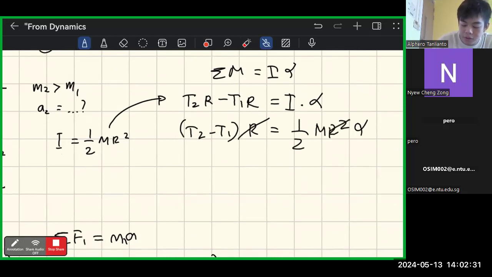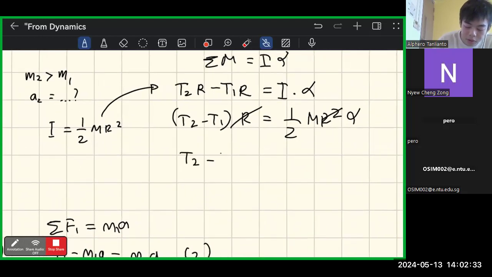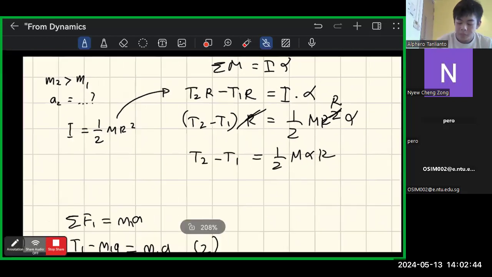R we can just cancel out, so T2 minus T1 equals half m alpha R, because this is R squared and this is R, so what remains is R.